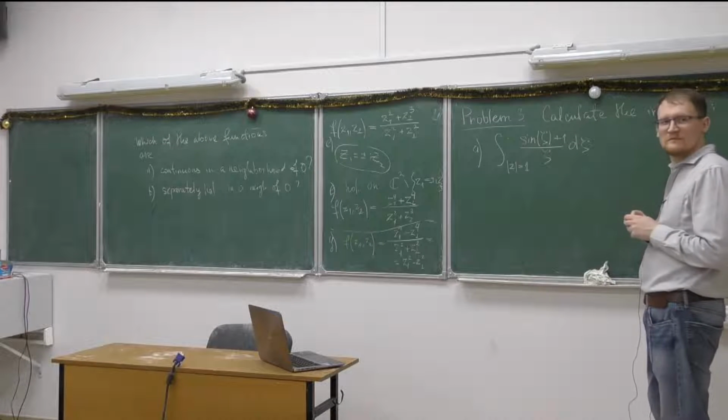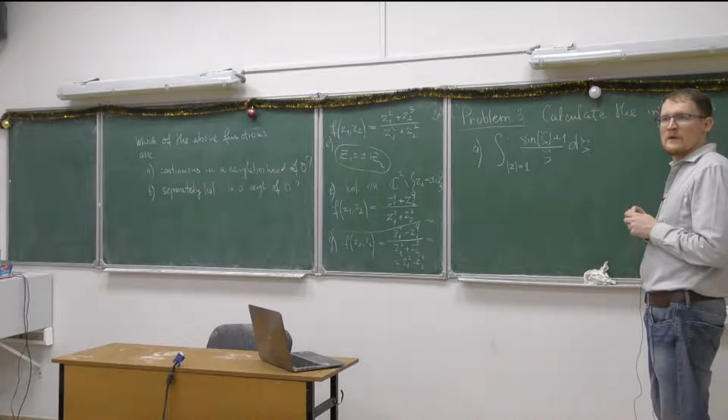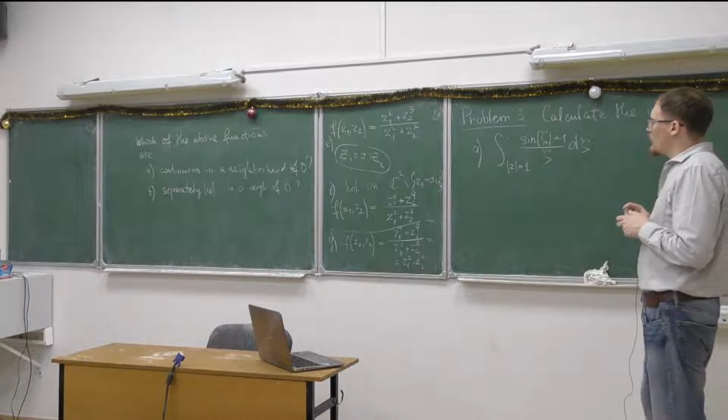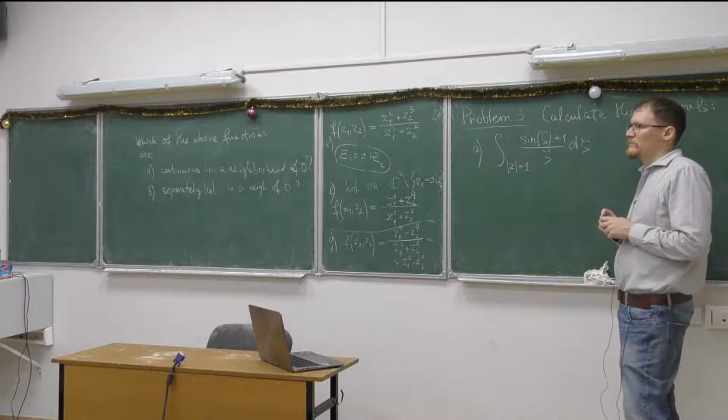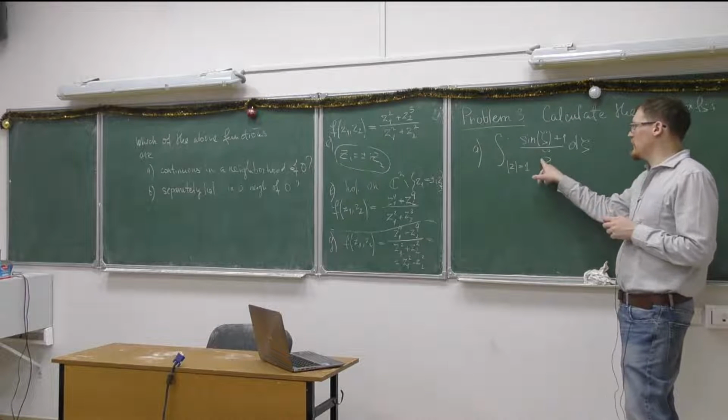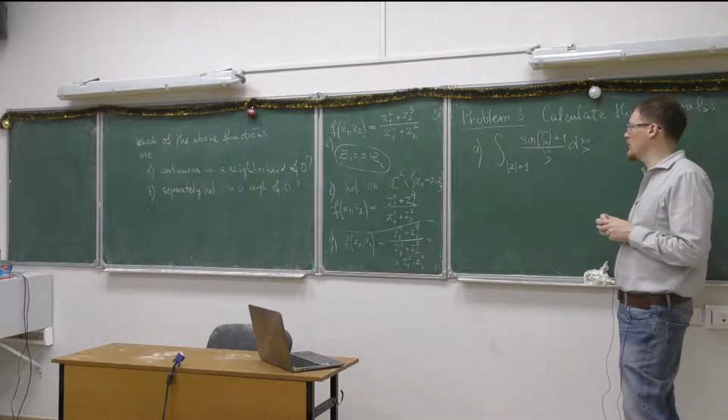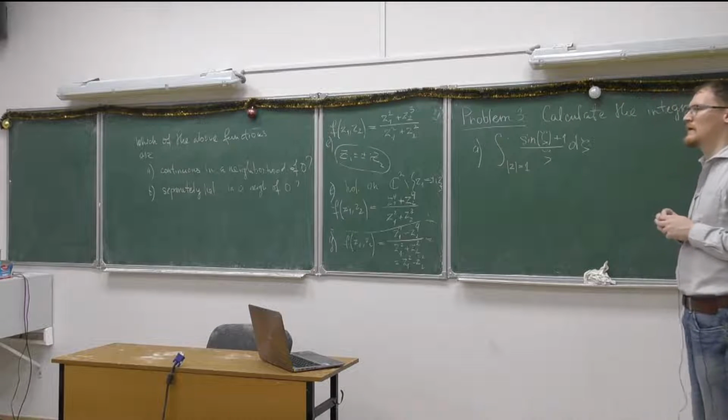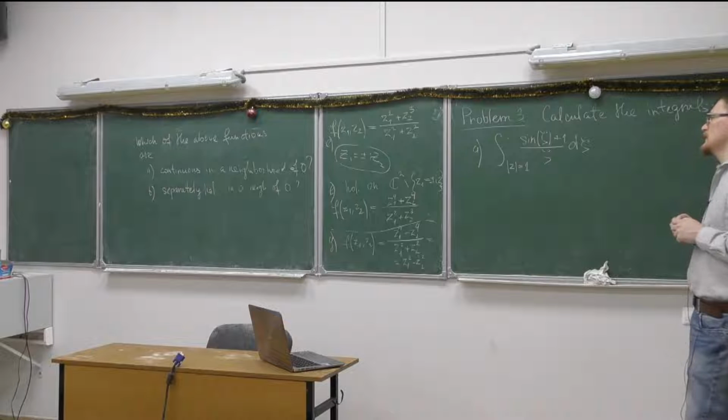You mean the Cauchy formula? Here it looks like the Cauchy formula, but not quite, because we have a pole. In the Cauchy formula we also have poles. So it is not the Cauchy formula? It is kind of similar to the Cauchy formula.